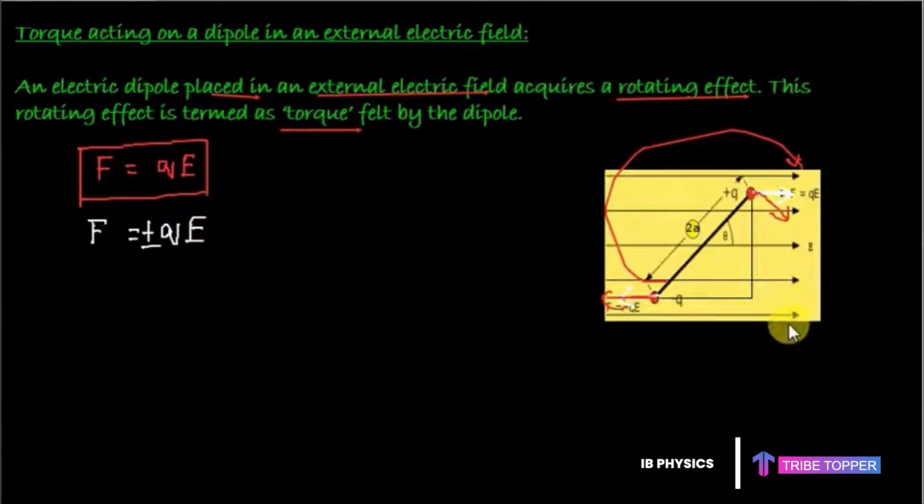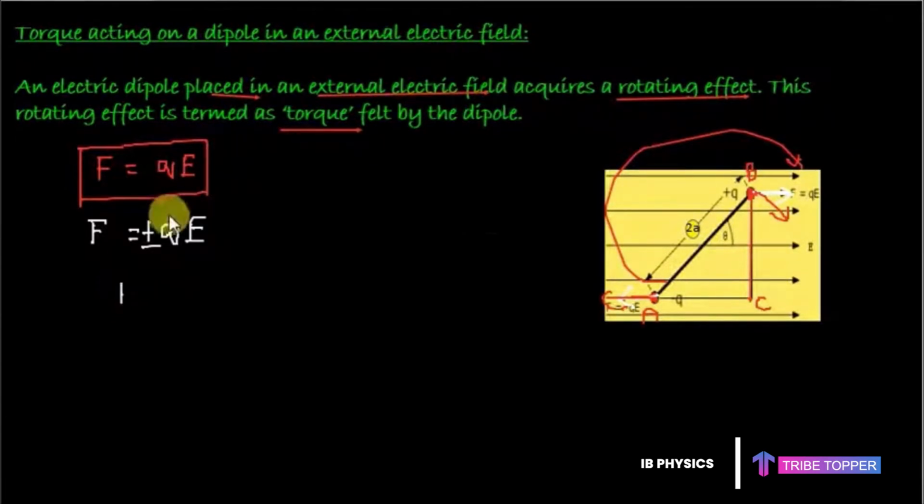Now let's find out how much torque is acting. To find the torque acting on the dipole, we first need to find the distance between the lines of action of these two forces. Though they are anti-parallel, there is some perpendicular distance here, this one. So we need to find this distance. Let's mark the points. This is A, this is B, and this is C. So in this triangle ABC, we have to find the distance BC.